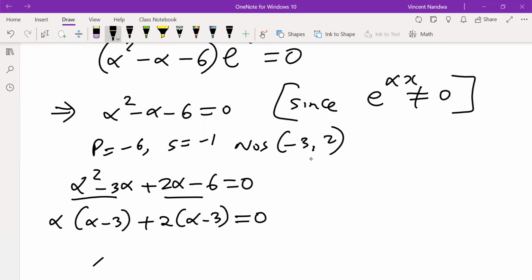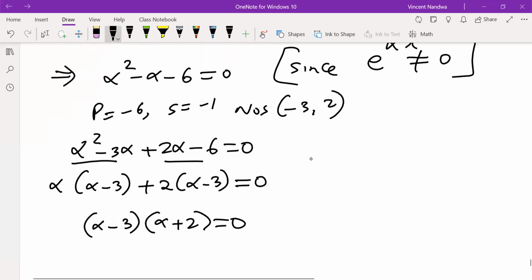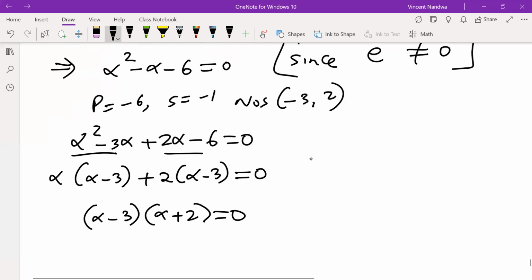So which means (alpha minus 3) and (alpha plus 2) are the factors of the quadratic equation. So this means alpha equals 3 or alpha equals negative 2. So those are the two values for the differential equation.